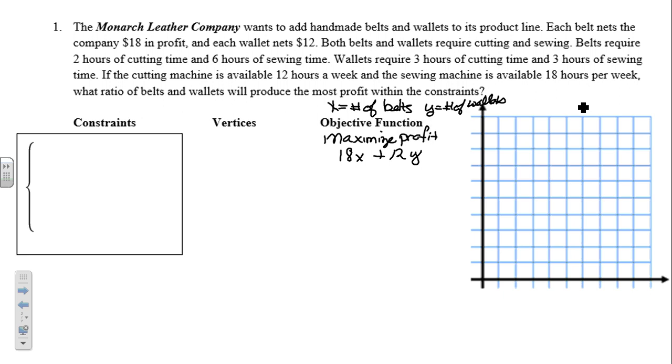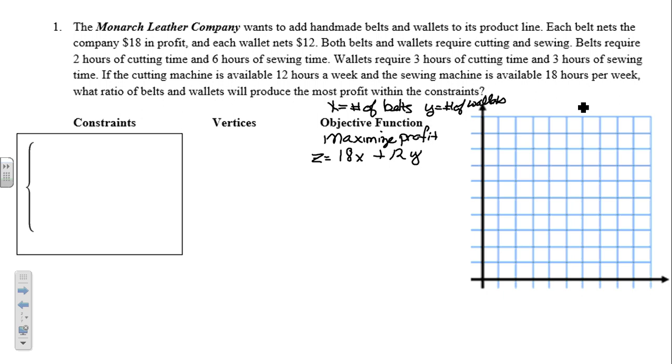So that's our objective function, okay? We want to maximize that profit. A lot of times we let that just be Z. We say Z equals this. Okay? So far, so good?